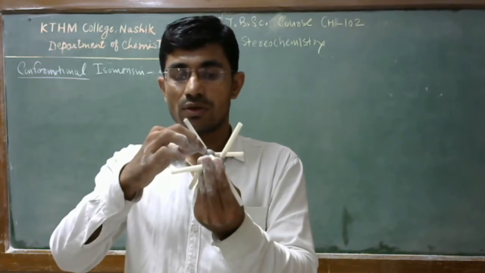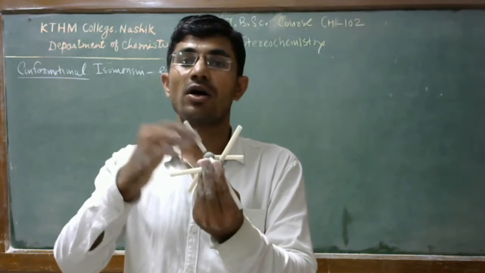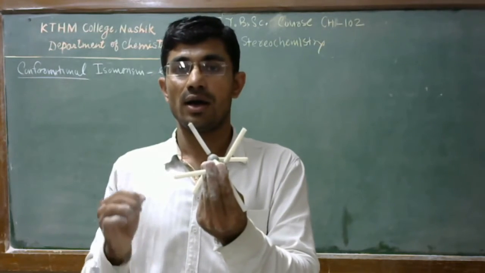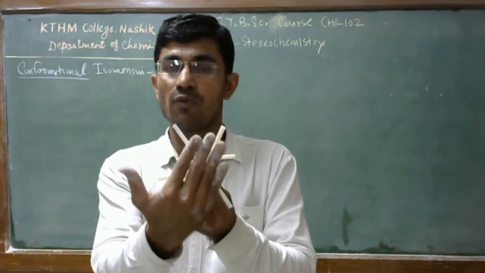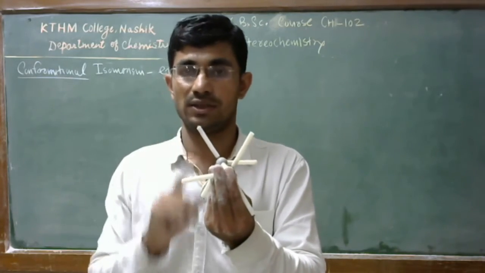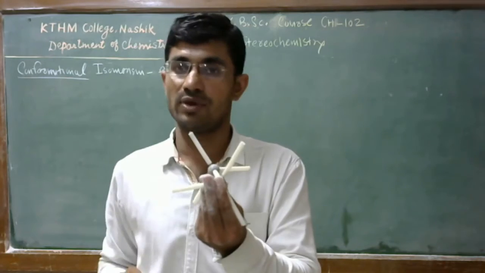So we rotate along the carbon-carbon bond, keeping one carbon fixed and rotating the other carbon by 60 degrees. We get the staggered conformation.